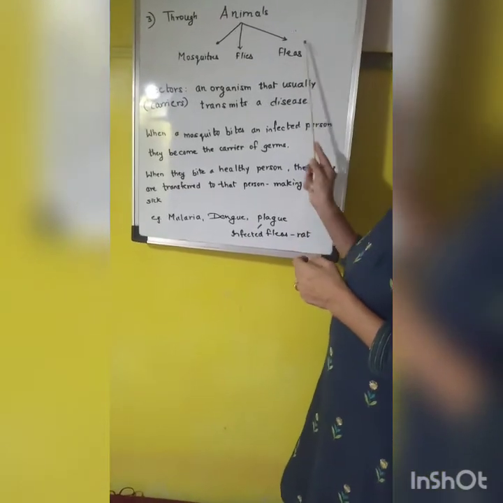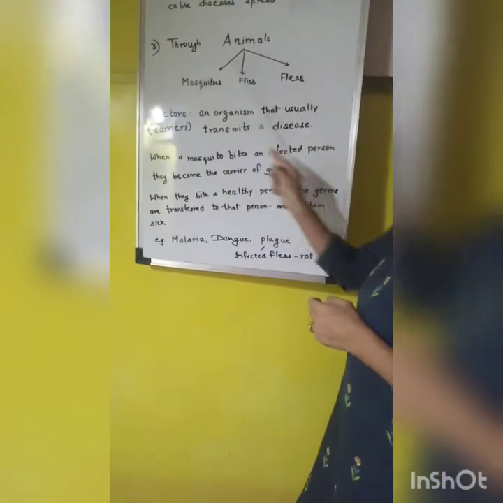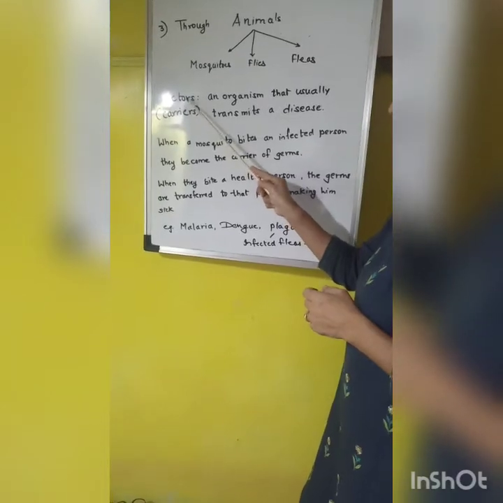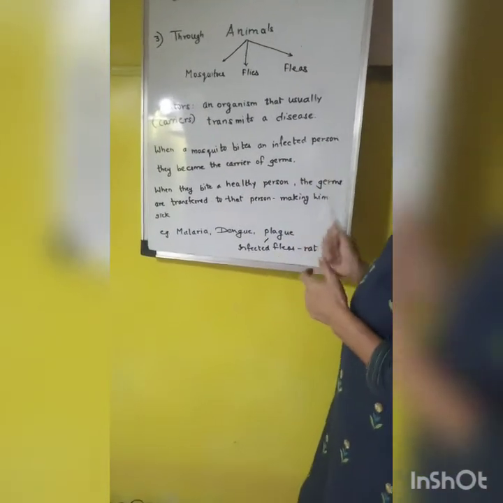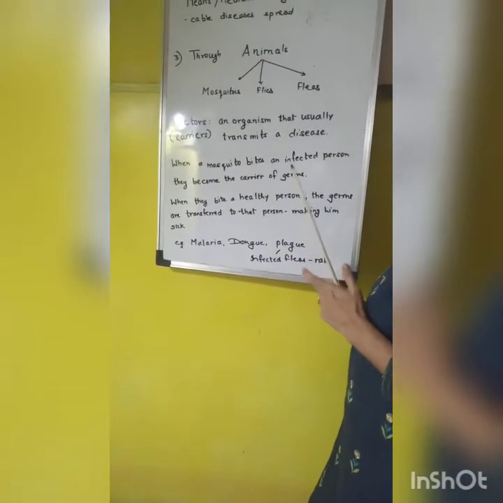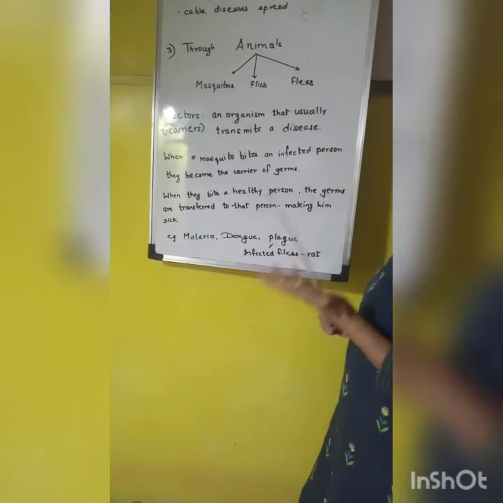So these insects act as vectors, they are the ones who will transmit a disease, but the main causative organisms which cause these diseases are the ones which we have studied already.